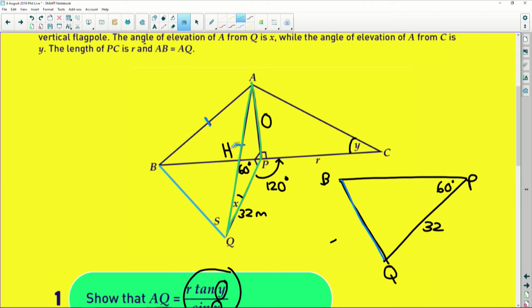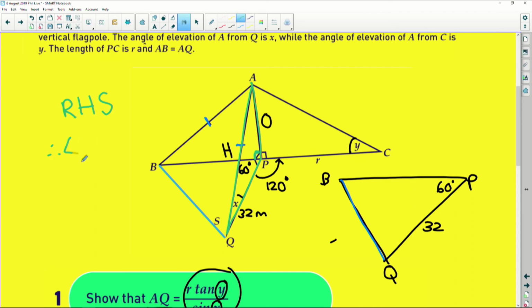Those triangles would be exactly the same because they both have a right angle here. So we have the right angle. Their hypotenuses are equal in length. Okay, so we have the hypotenuse. And they have a common side, AP, which means that they have right angle hypotenuse side.